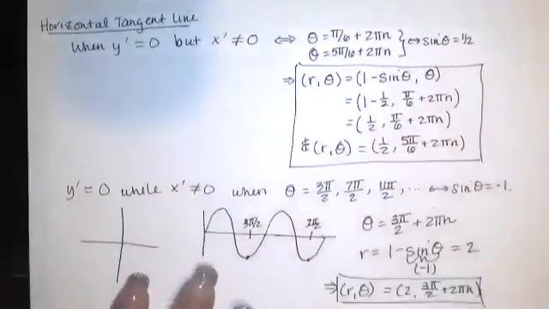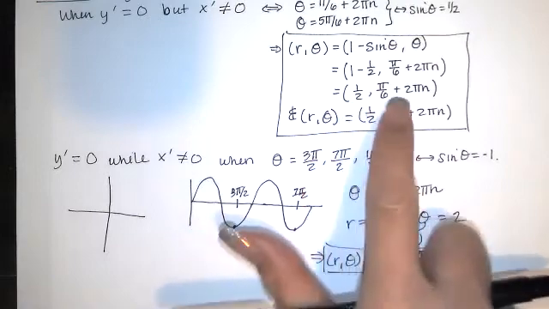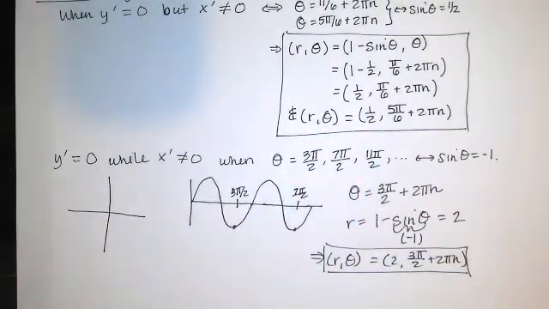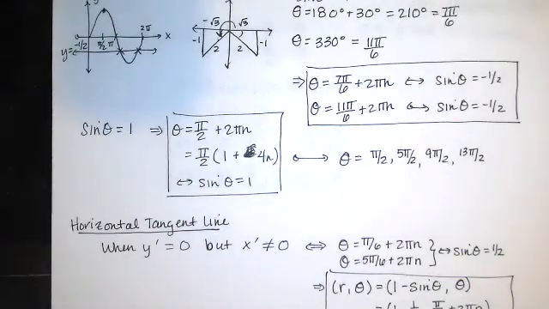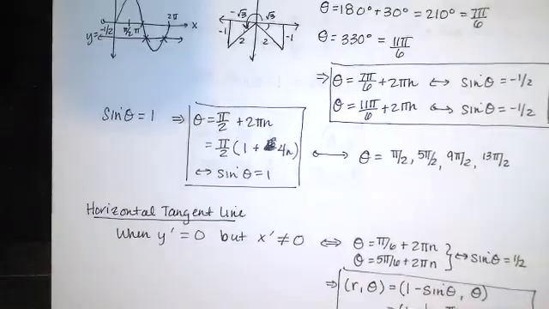And then over here we would see that when (r, theta) is equal to this or this, we have a horizontal tangent line. And then we might be able to see what happens at those interesting values where x prime and y prime are both 0. That's these guys. Very curious what happens there. Okay, so that's it for this video.